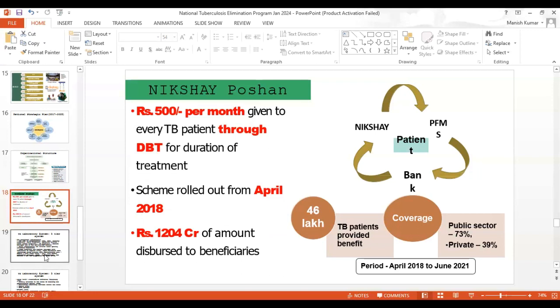Because these patients are nutritionally compromised, certain states, before this NIKSHAY Poshan Yojana, had taken the initiative. They were providing egg, banana or milk. Wherever their TB center was, from wherever they were taking drugs, they had identified a vendor, and that vendor was supposed to provide egg or milk.